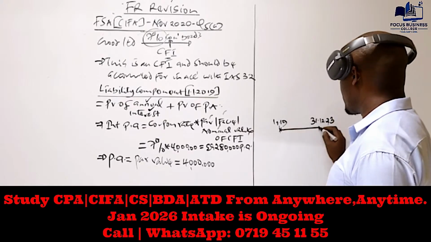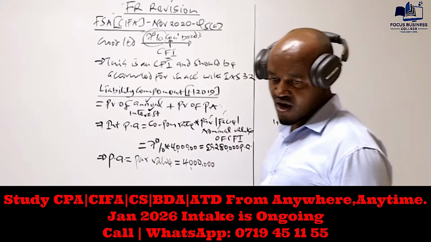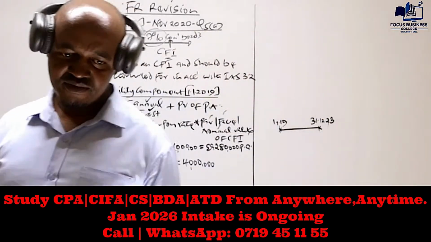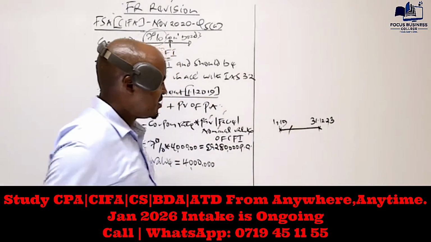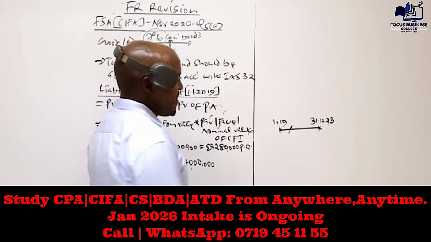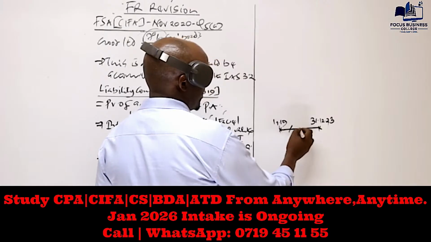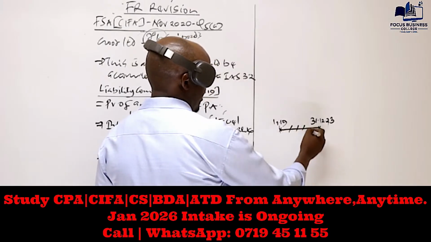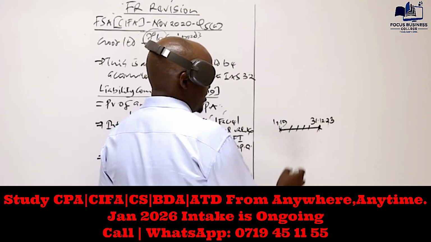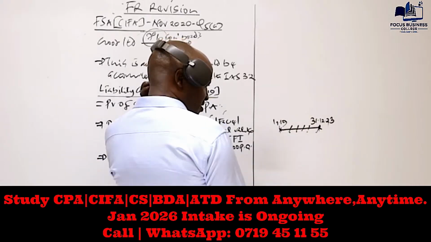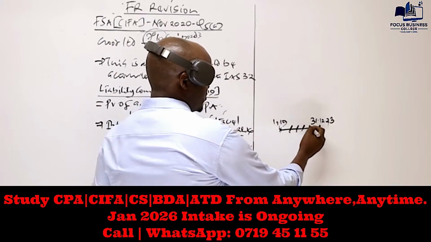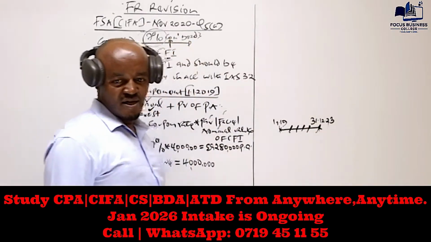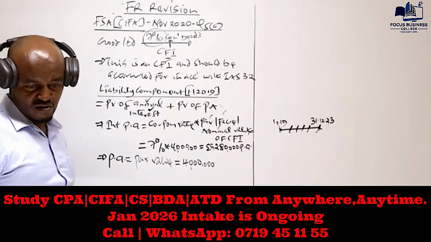We have the first year, which will end 31st of December 2019, then 2020, 2021, 2022, 2023. 1, 2, 3, 4, 5.